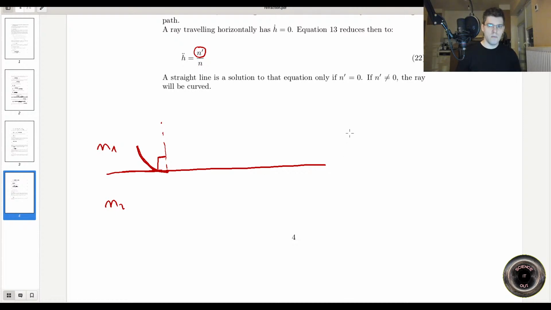In a typical atmosphere the index of refraction grows down, because density is larger towards the lower parts of the atmosphere, so this will be negative, which means h double dot will be negative, which means the ray will be curving down. So we have the refraction bending light down in the typical gradient.